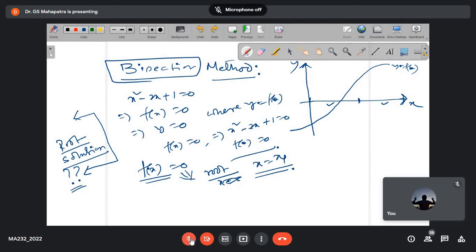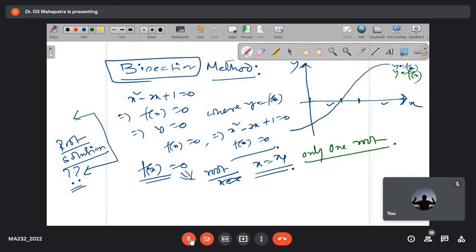So if f of x equals 0, that is the root, correct? Now for this curve y equals f of x, one of your friends already informed that there's only one solution, one root, correct? Only one root. Fine. I also agree with that one.